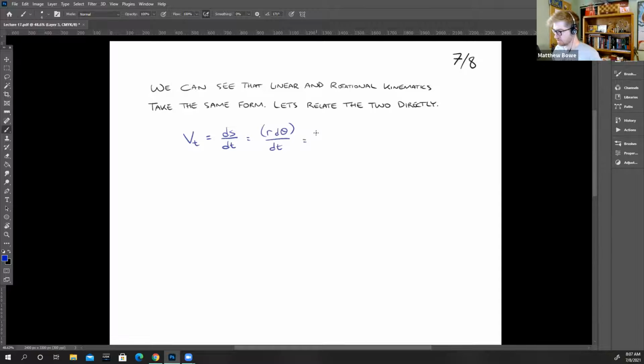Let's just take that radius out. The radius is going to be constant throughout something spinning. If something spins, we're following the same point on an object, and the point is not moving relative to the object, so that will be a constant radius. So let's take that constant value out and leave the rest of this fraction.